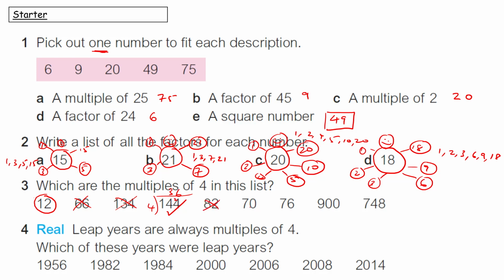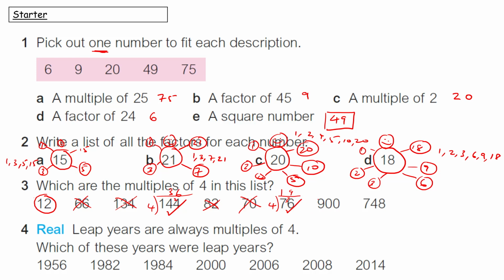Into 70, again no, because 4 goes into 7 1 time, remainder 3, and into 30 doesn't go exactly.